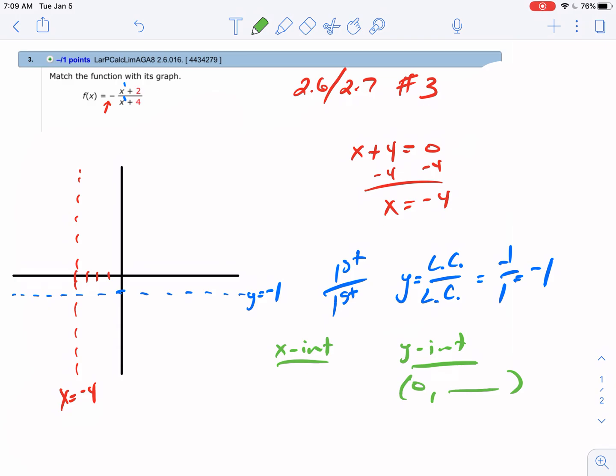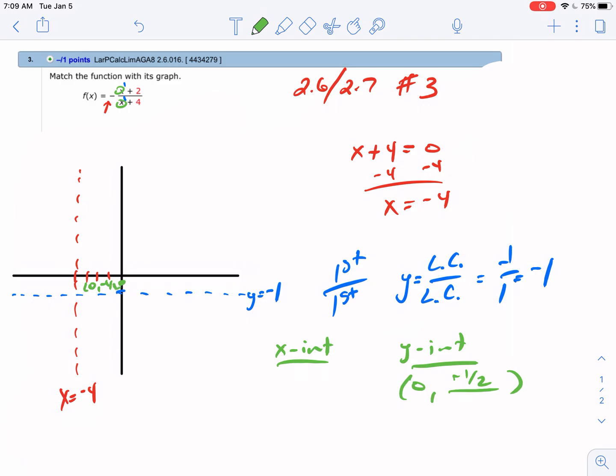If you put a 0 here and a 0 here, what's left? Again, don't forget about that negative sign out front. I end up with 2 over 4, which is a half. And if I put a negative in front, that ends up being negative 1/2. So that means I'm going to hit right here at 0, negative 1/2.